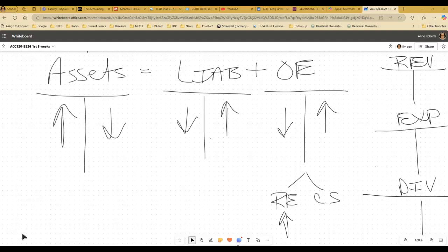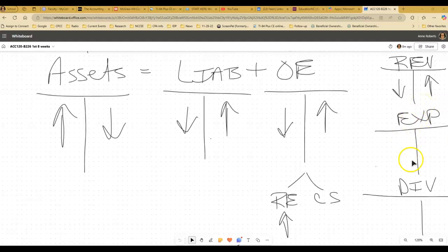Okay? So, notice what's happening here. When we're talking about revenues, since revenues function the same, and as revenues go up, retained earnings goes up, then revenues are also going to go up on the right-hand side.